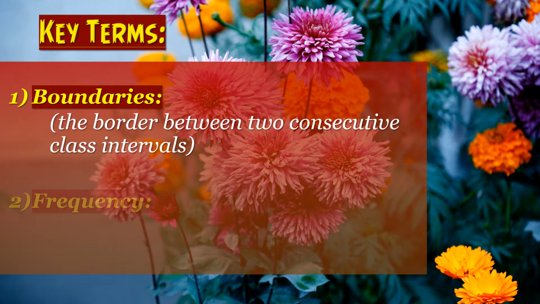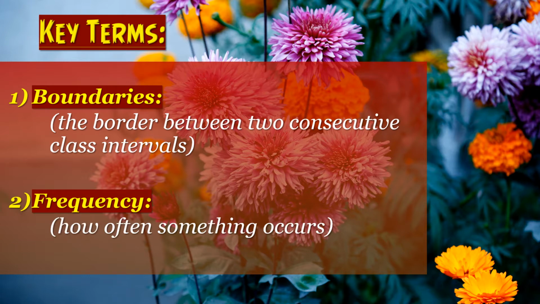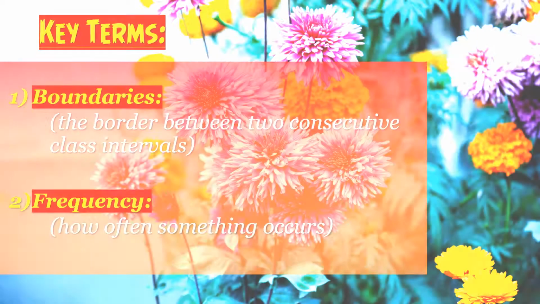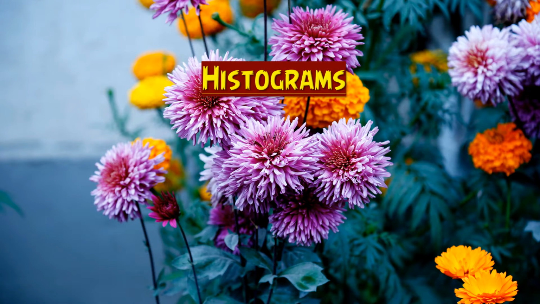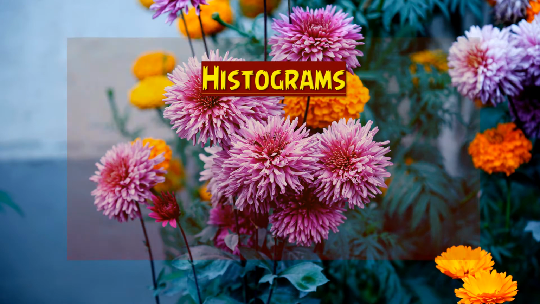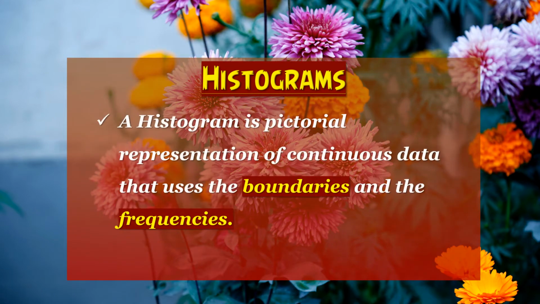That is how often something occurs. Histograms. A histogram is a pictorial representation of continuous data that uses boundaries and frequencies.